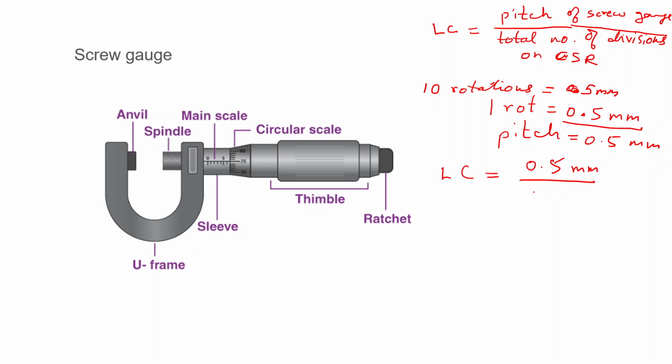In this particular image, I'm not sure, maybe it's 100 divisions, but the screw gauge is designed in such a way that the least count is 0.01 millimeter. So if I have a device with pitch 0.5 mm, the total number of divisions on the circular scale will be 50, so that we get 0.01 millimeter.